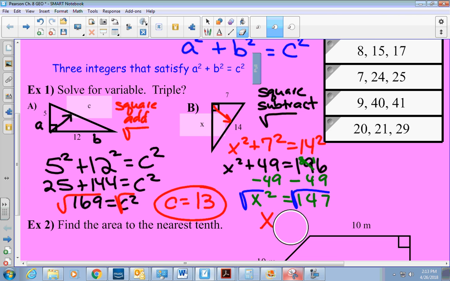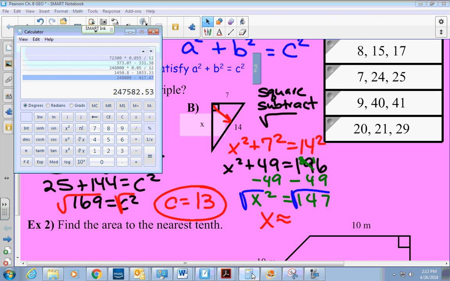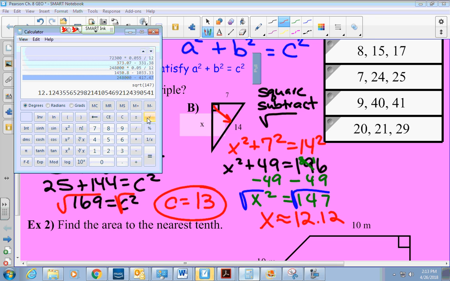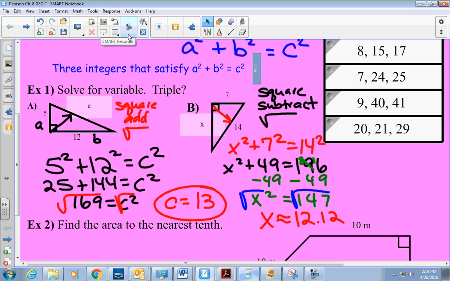And it's not going to be an exact answer, so we put the wavy equal sign to show that we know it's not exactly what we're going to round to, but approximately 12.12. So the wavy equal sign means not exactly, but around 12.1, approximately.